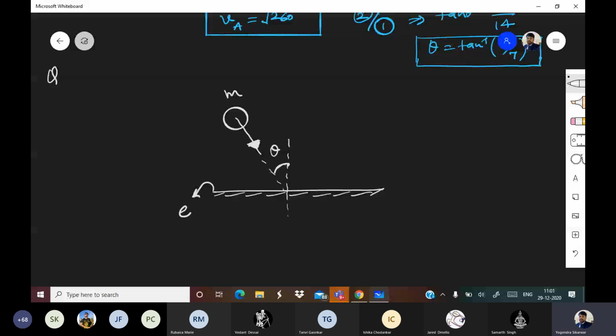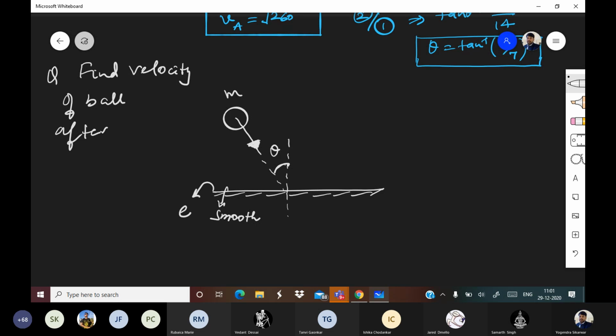Question says find velocity of ball. Ground is smooth, so you don't need to worry about friction. Find velocity of ball after collision. Do you want to try this question?